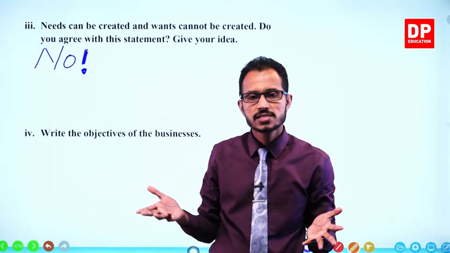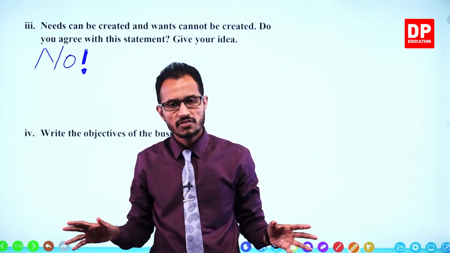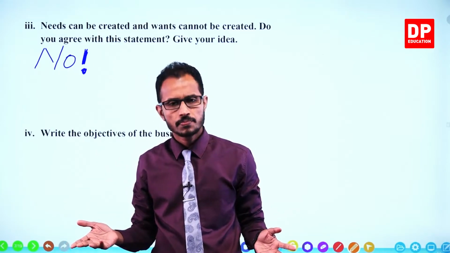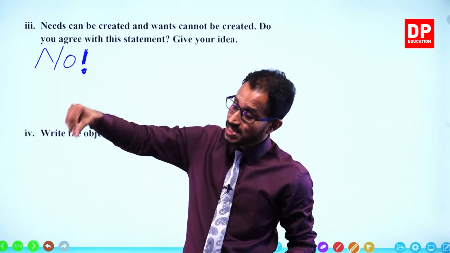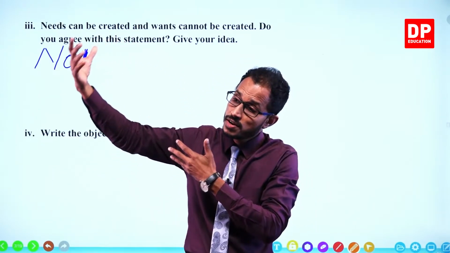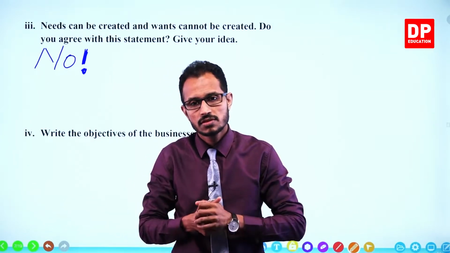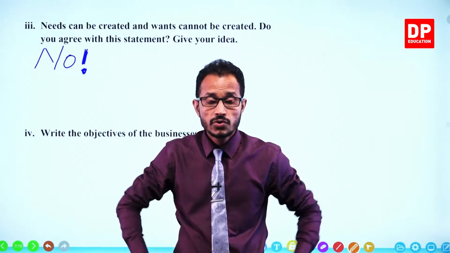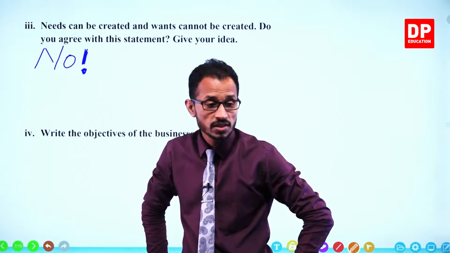Everybody needs food. Without food, nobody can survive. You will survive 2 days maximum, then you're going to eventually die. So those are the basic needs that come from the very beginning of living beings.